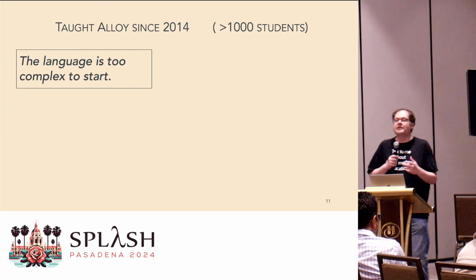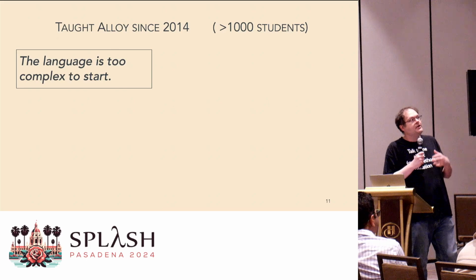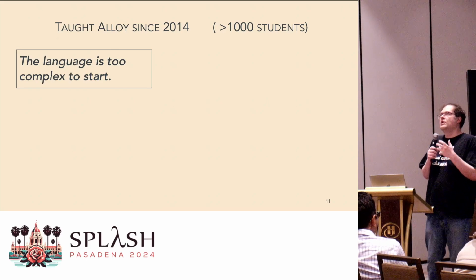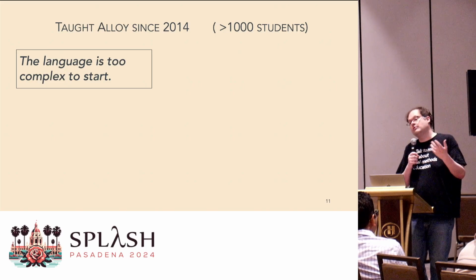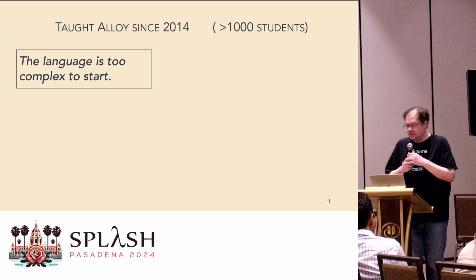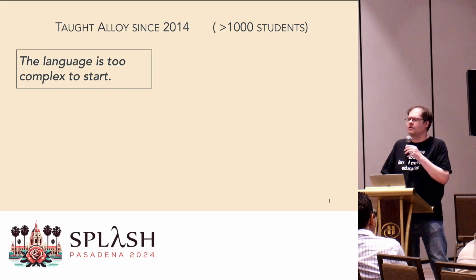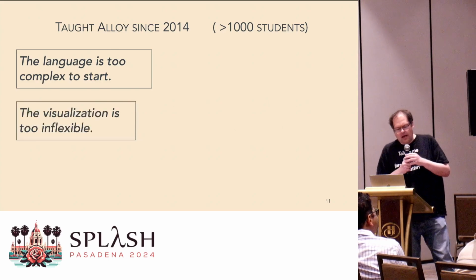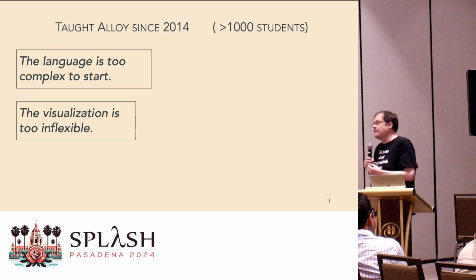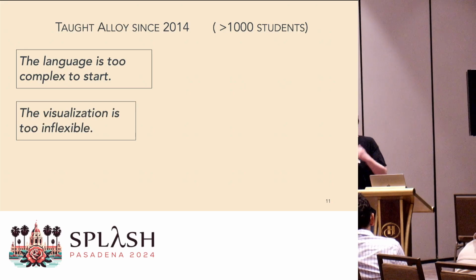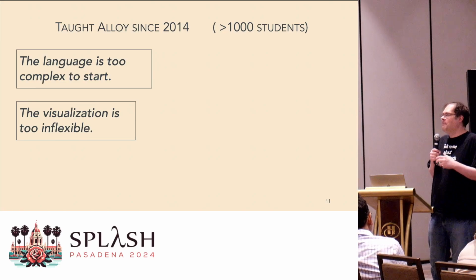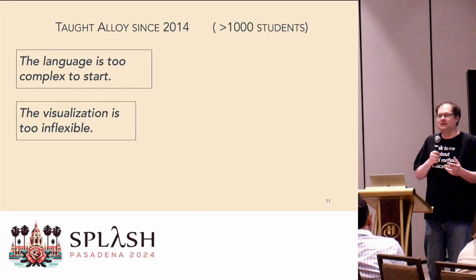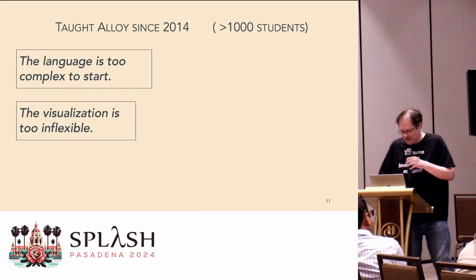There's a great deal of syntactic sugar, and a great deal of the language relies on or refers to relational algebra, which my students at least might not know much of, and I would wager that many of your students don't either. The visualization is quite inflexible. If what you need is a directed graph of a particular style, it's great, it's perfect. But not everything you want to model and reason about can be visualized as a directed graph.